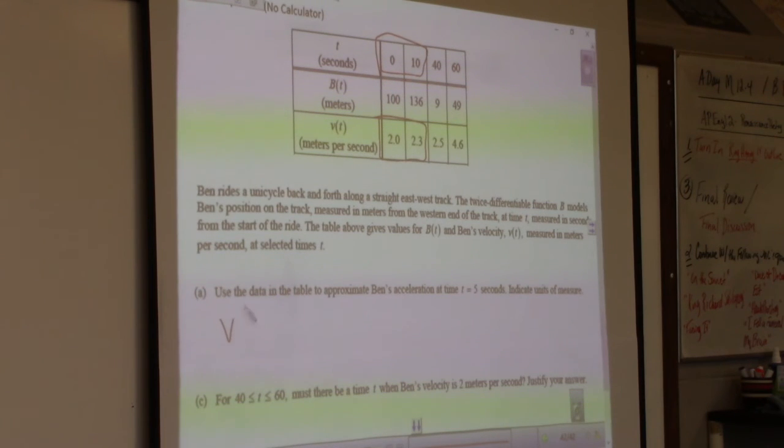So A prime of 5 is going to be approximated by doing what? V of 10 minus V of 0 over 10 minus 0.